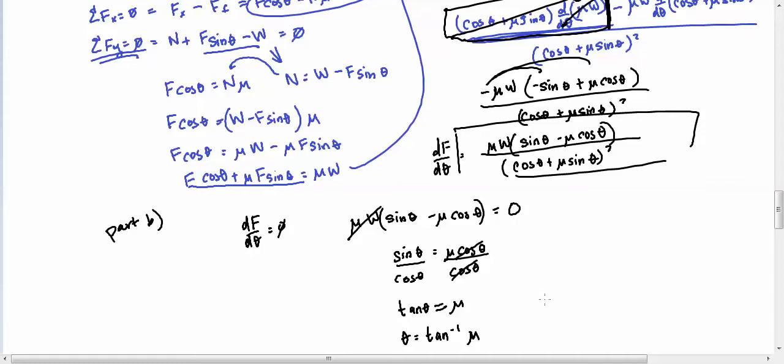That's saying that if you pull at an angle that is the inverse tangent of the coefficient of friction, then you are pulling, I believe, with the smallest amount of force, or it could be the biggest. We need to do a little bit more analyzing in order to actually figure out what it is. But you could be pulling with the smallest amount of force that you need to pull.